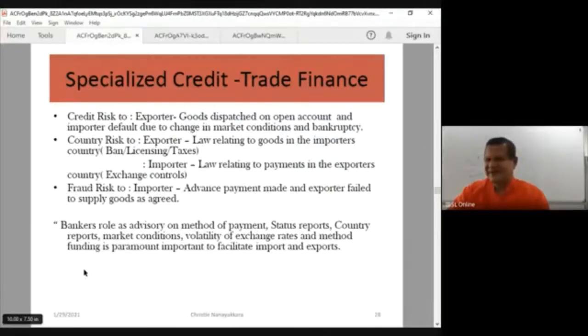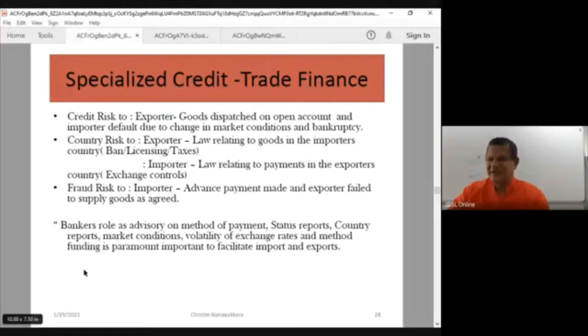The importer will send the money, and the exporter will have received the money, but he has not sent the goods, or sent inferior quality or obsolete goods. As a result of a fraudulent act, the importer might lose. And when the importer loses, if you have given facilities to the importer, we will have a credit risk.